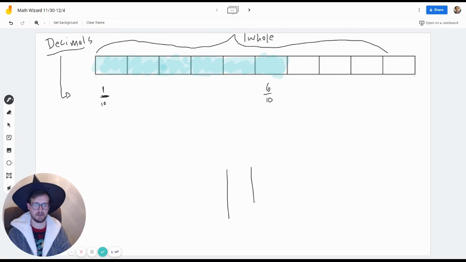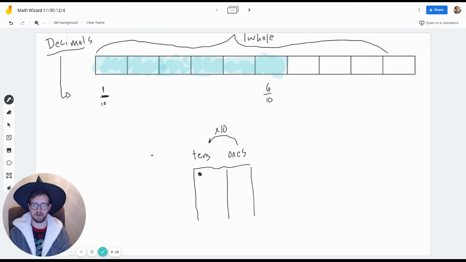We start off with our ones place, and next comes our tens place. And in order to make a 10, we need to have 10 ones, right? In order to get to a 10, we need a group of 10 ones.